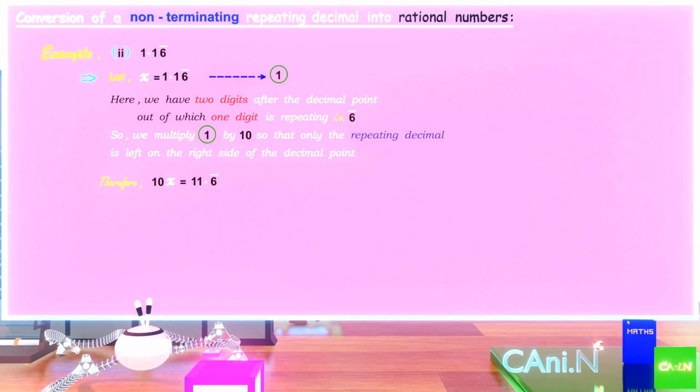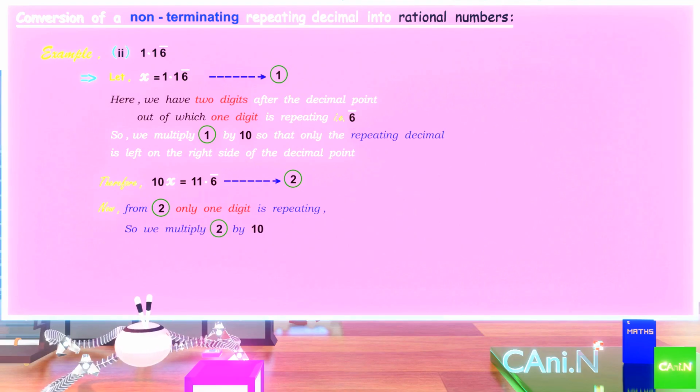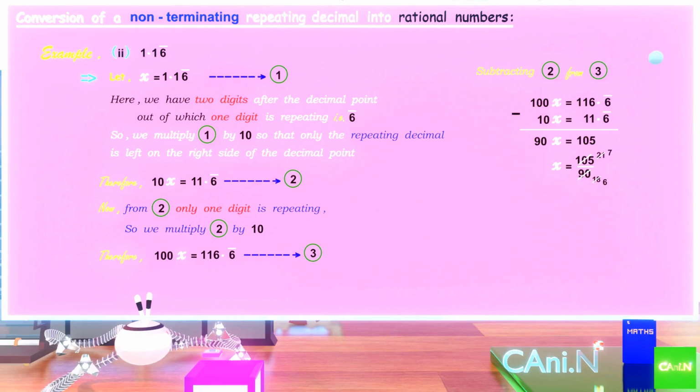Therefore, 10x equals 11.6 bar, call this equation 2. Now, from equation 2, only 1 digit is repeating. So we multiply equation 2 by 10. Therefore, 100x equals 116.6 bar, call this equation 3. Subtracting equation 2 from 3, we get x equals 7 by 6.